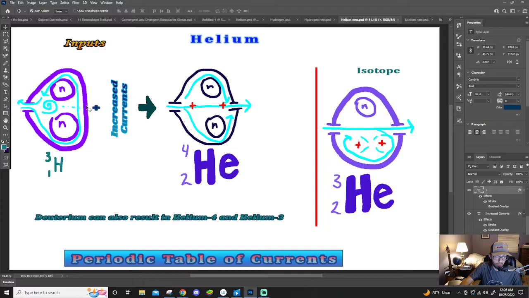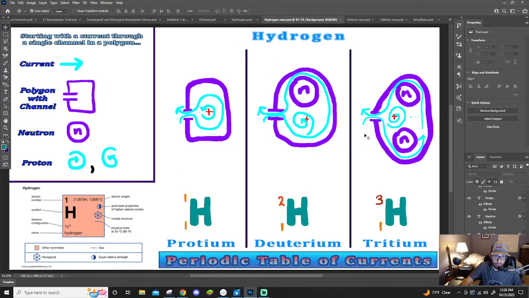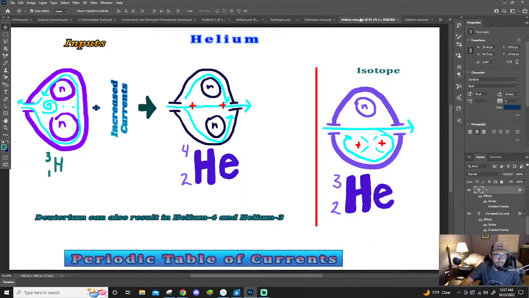Once enough current is through, it just does it regardless of which arrangement it's in, this one straight across or this one straight across, which then produces either helium 2-4 or 2-3.